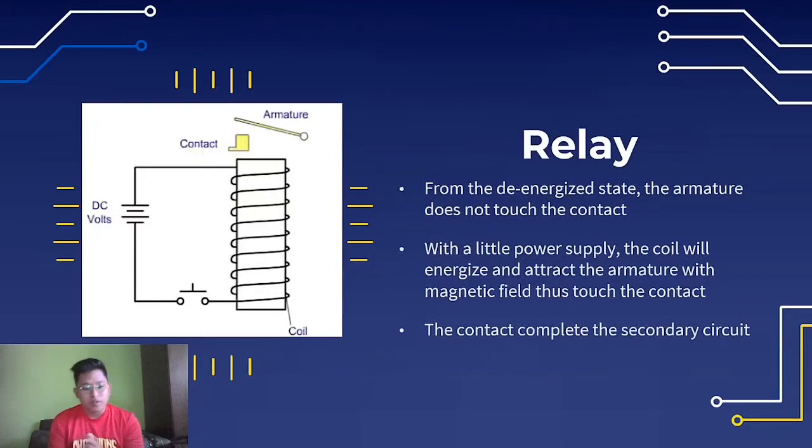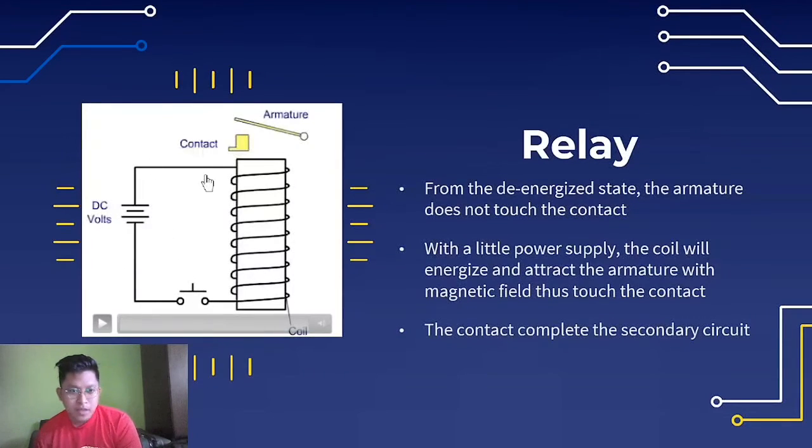Assalamualaikum. My name is Muhammad Alif, and I'm going to explain the basic operation of the energized and de-energized state of a relay. From here, this is the coil, this is the power supply, and this is one circuit. Usually we call them the primary circuit and the secondary circuit. The secondary circuit is connected from the armature to the contact here. Later on I will explain a little bit more.